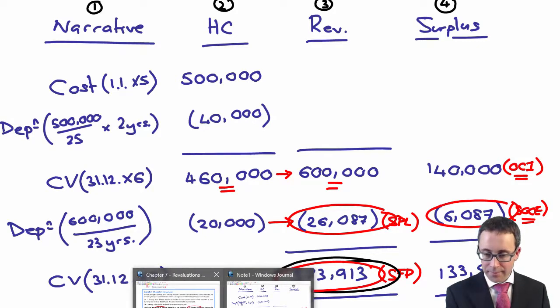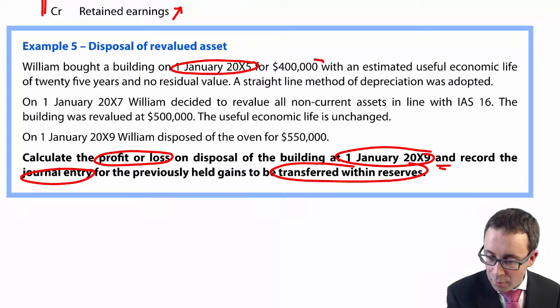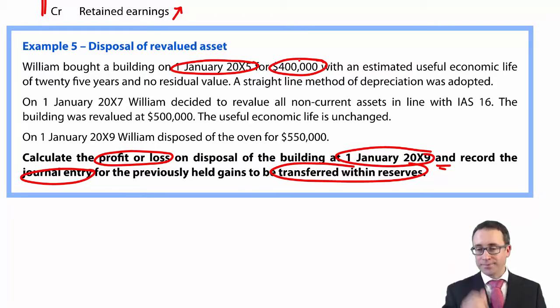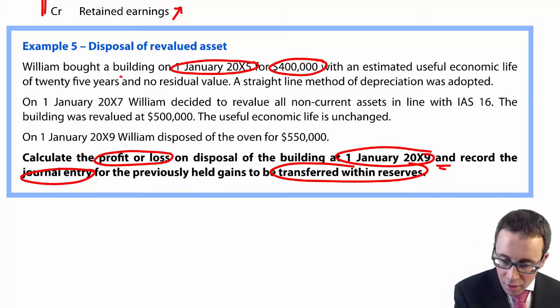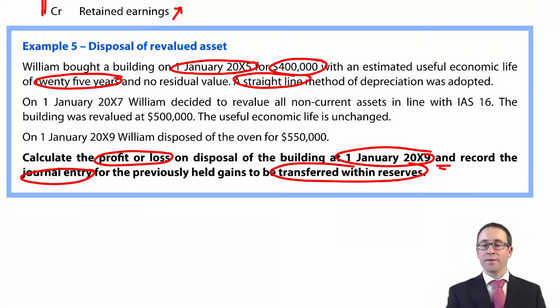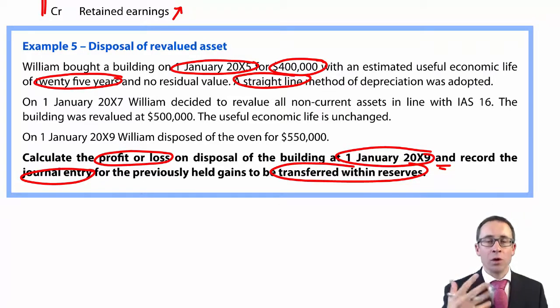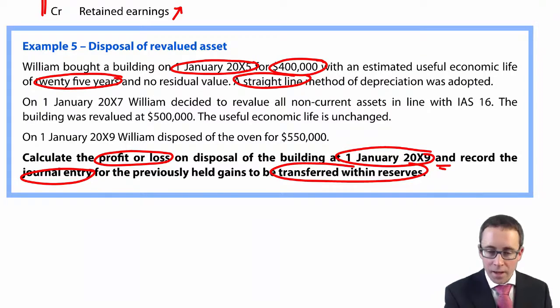Okay, because on the 1st of January X5 we bought it for 400,000. Again, a life of 25 years, and we depreciate it straight line. Okay, so you can work out whatever the depreciation charge may be. Is it 400 divided by 25? I'm not going to work that out. I've already had my luck with mental arithmetic once already within this little session.